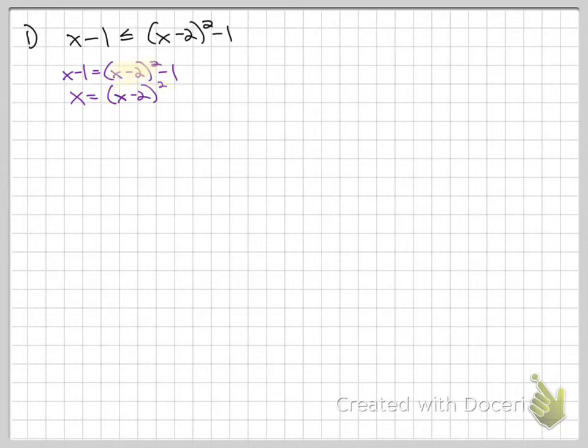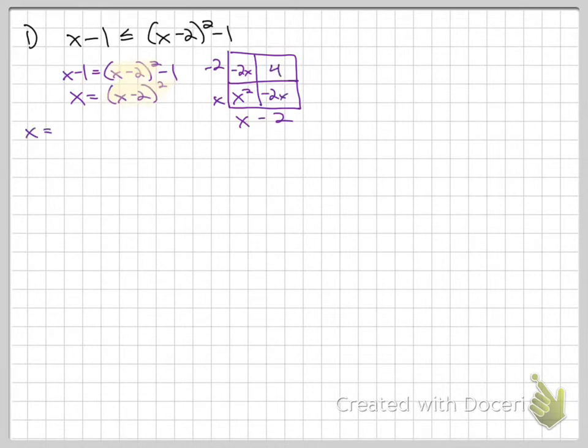So do that in an area diagram. Remember, you cannot distribute the square. I know I've said it so many times, but you have no idea how many times students try to do that. x minus 2 squared is x squared minus 4x plus 4.